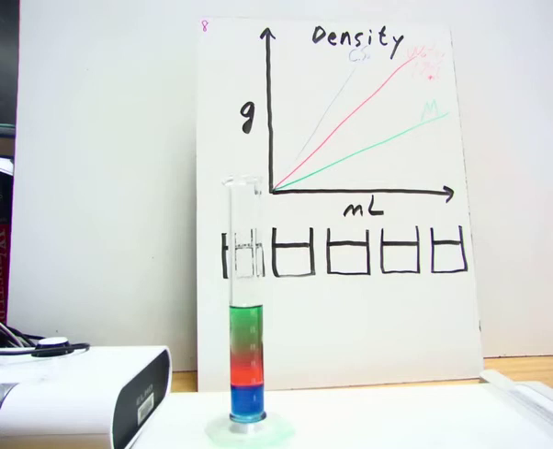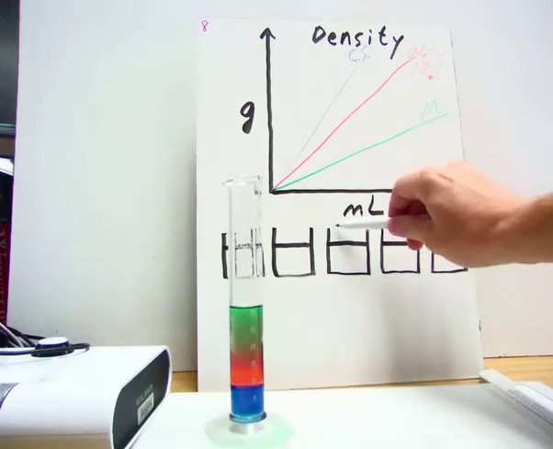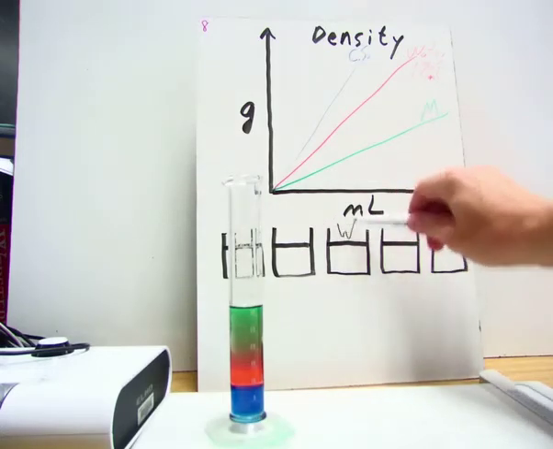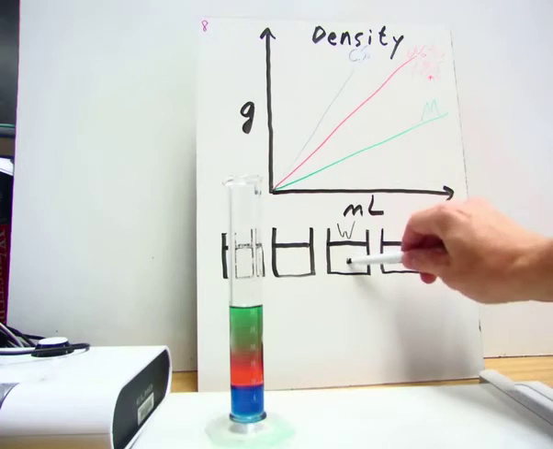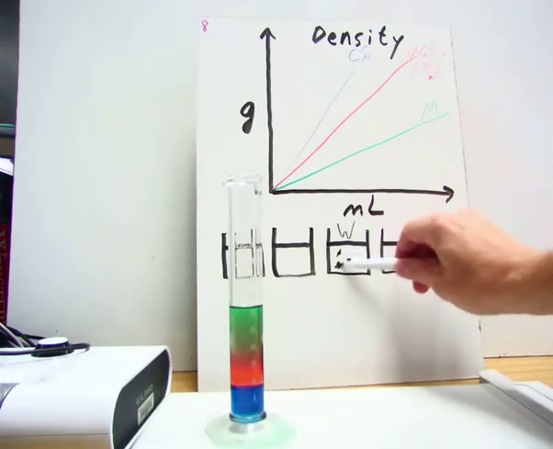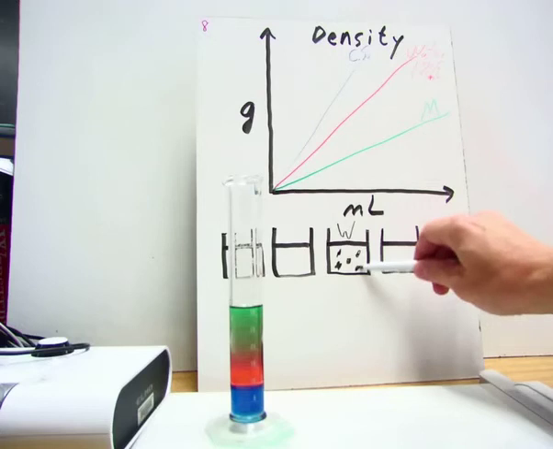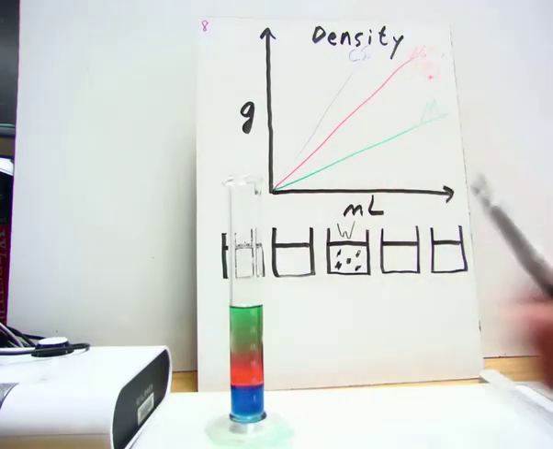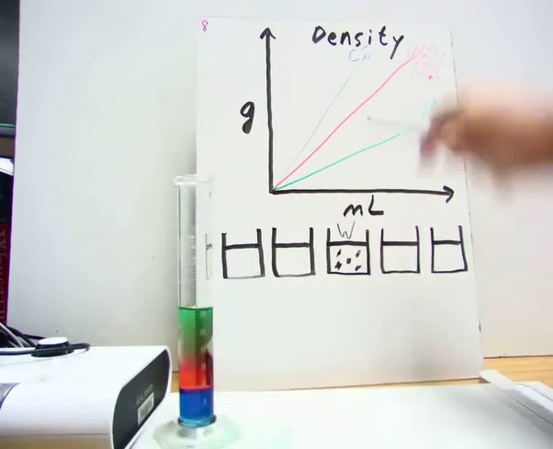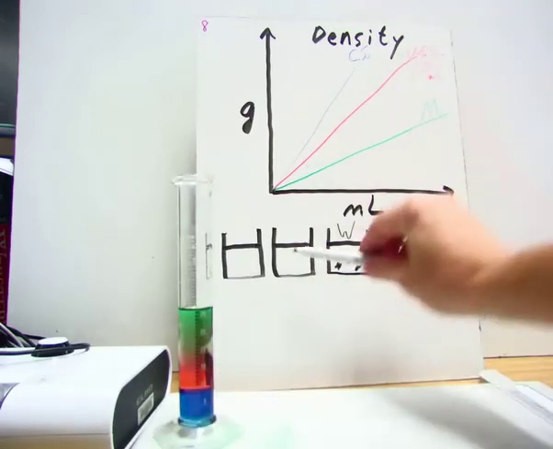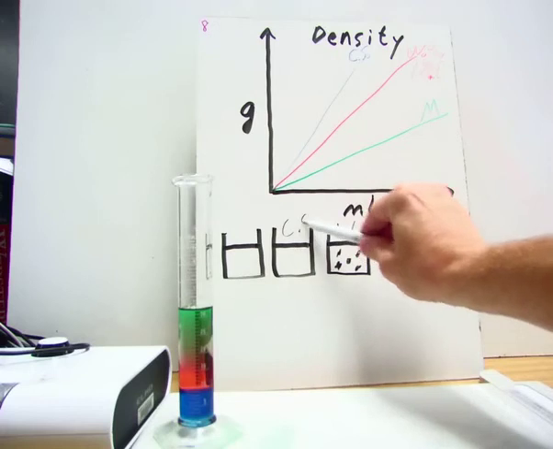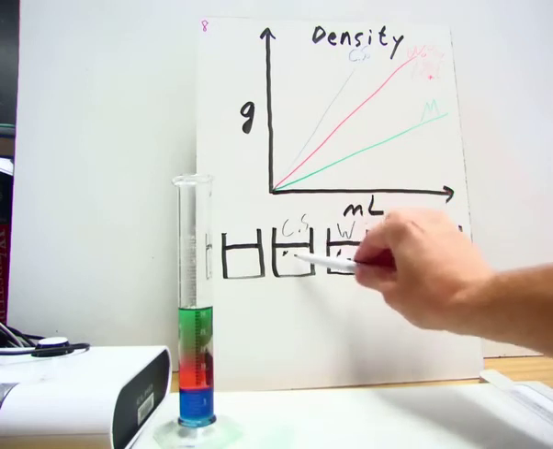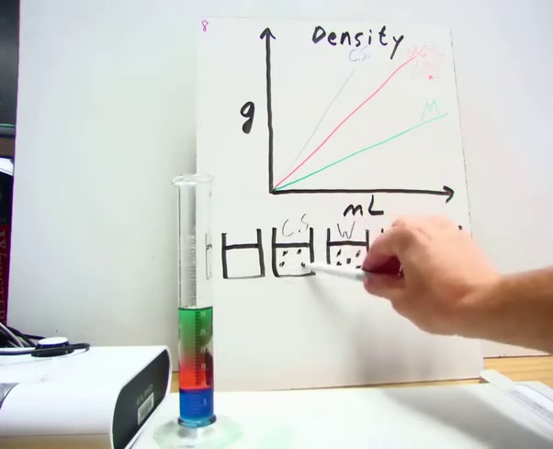And let me start to differentiate this with our particle diagrams. We're going to give water a certain number of particles in this volume here. And since the corn syrup has a greater density, that means we're going to say the corn syrup has more particles in the same volume.